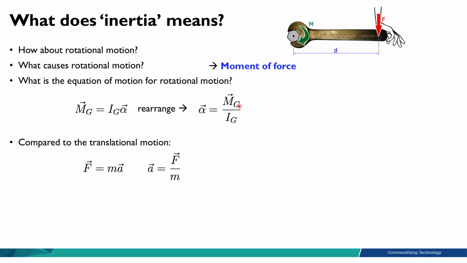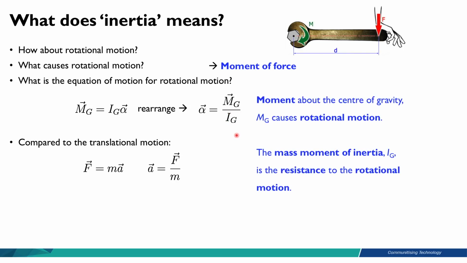So M_G is the one that is causing the rotational motion, and I_G is the one that is resisting the motion. In this case, the inertia of a rotational motion is indeed the mass moment of inertia I_G. This is the quantity that is resisting the rotational motion.